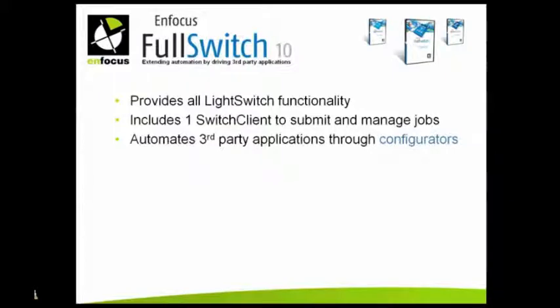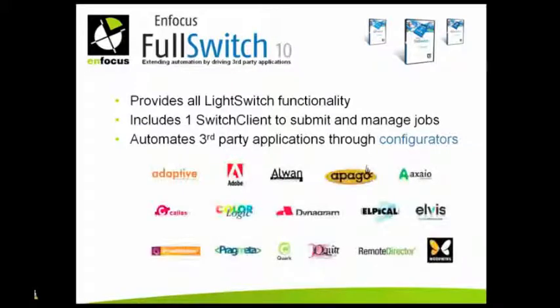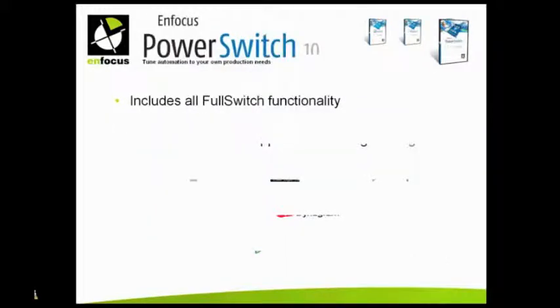The full Switch enables the integration and the automation of the third-party applications through the configurators. And here are the ones that you actually also saw in the partner overview. And of course, WoodWing is one of our Crossroads partners, providing the integration to the enterprise solution.